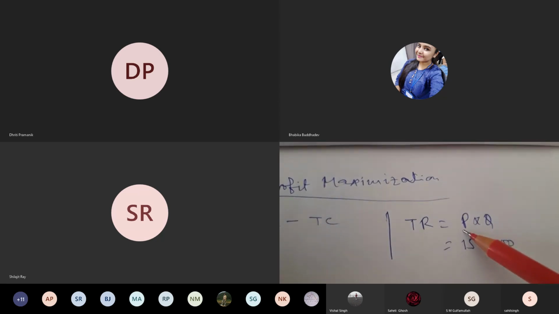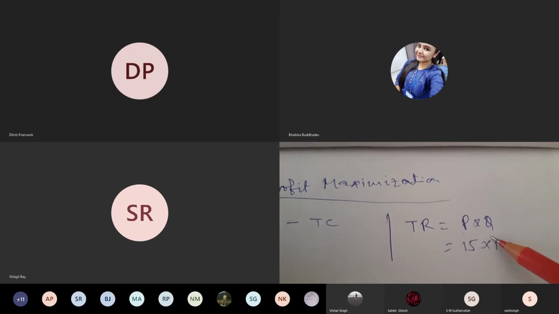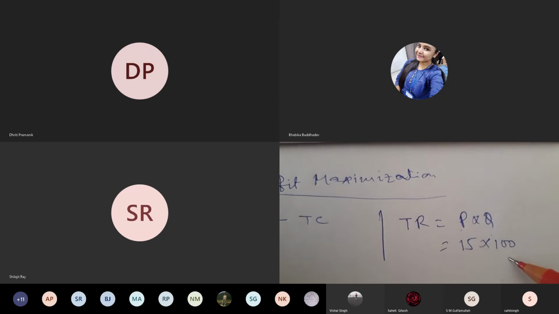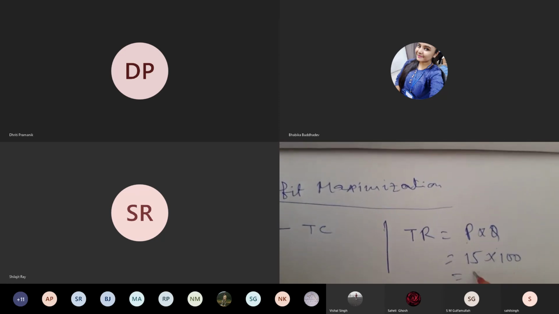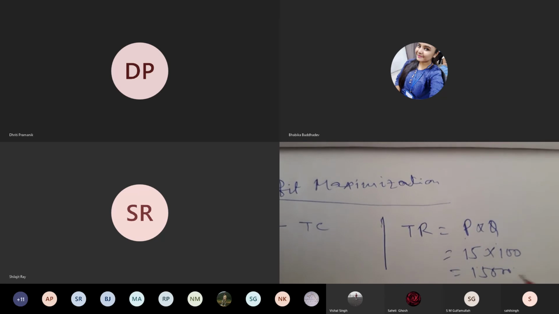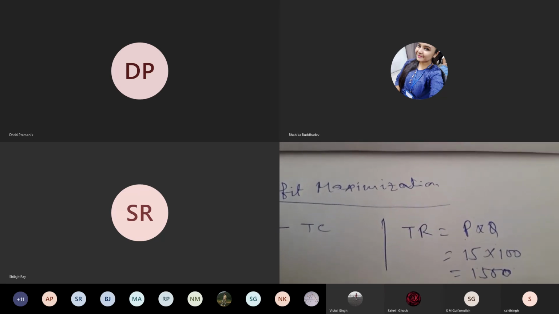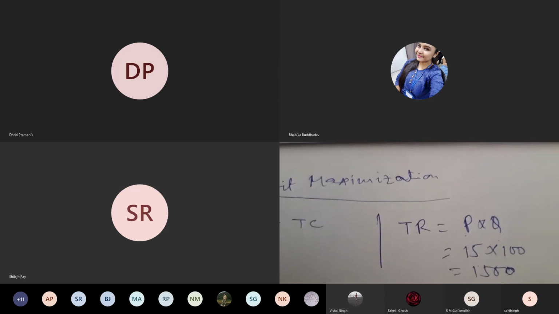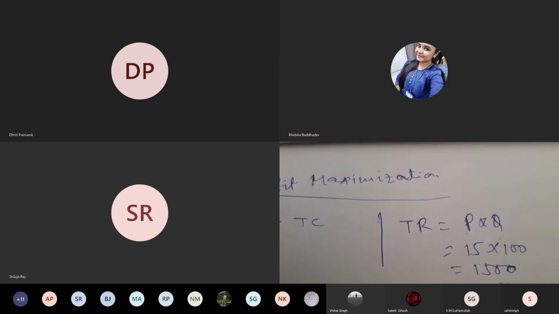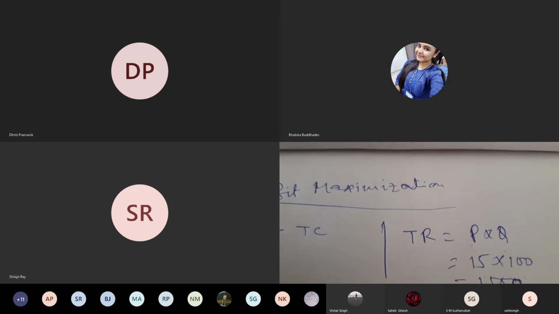So price P is the price per unit, and Q is the number of output produced, 100 units. So altogether 1500 rupees is earned by that manufacturer after selling. This 1500 rupees is the total revenue.